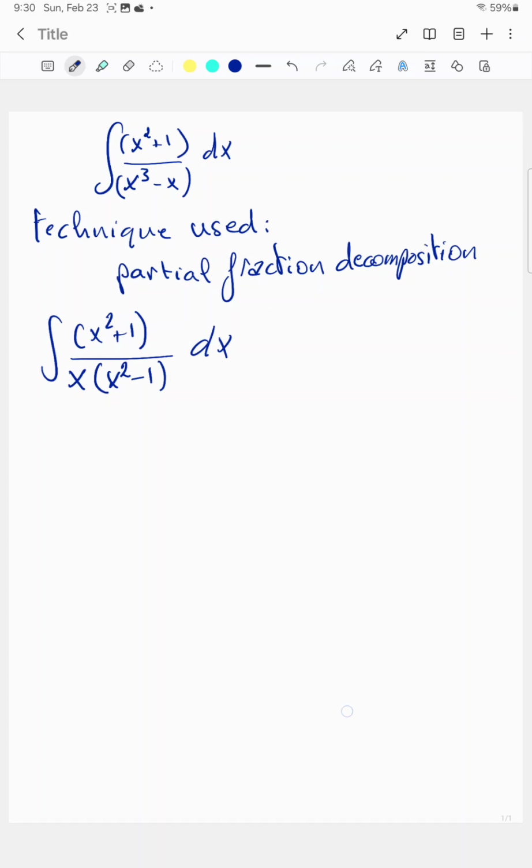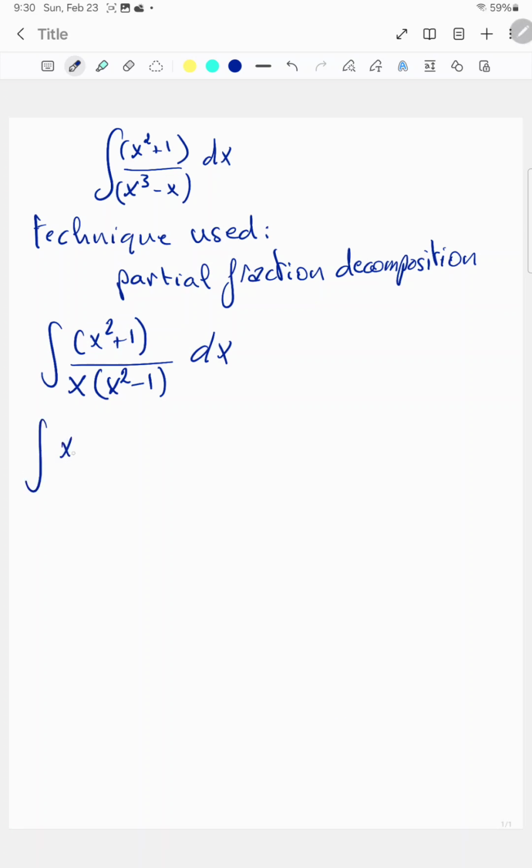So I can rewrite that integral as the integral of (x^2 - 1 + 2), because -1 plus 2 is plus 1. So I did not change anything in my numerator, divided by x times (x^2 - 1) dx.